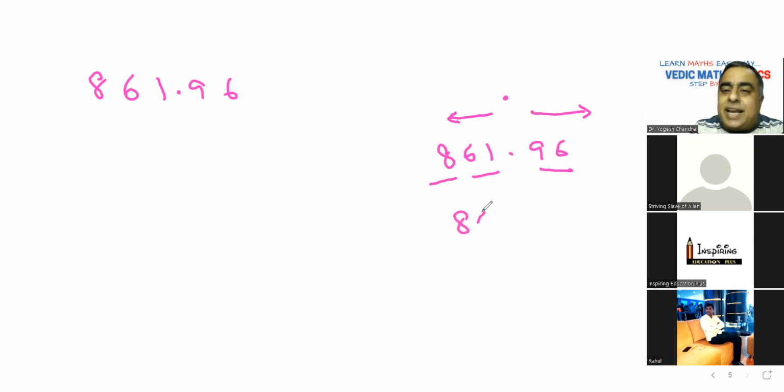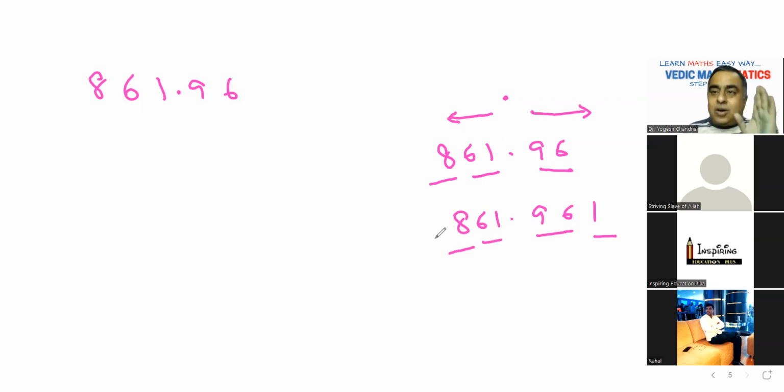But if it is 861.961, then it is 96 and 1 is separate. It's not like 61 and 9. Got it? Are you clear? Yes, sir.